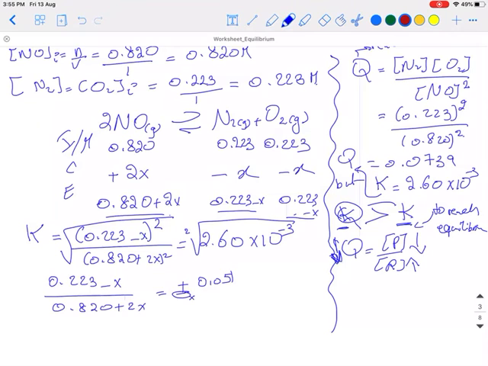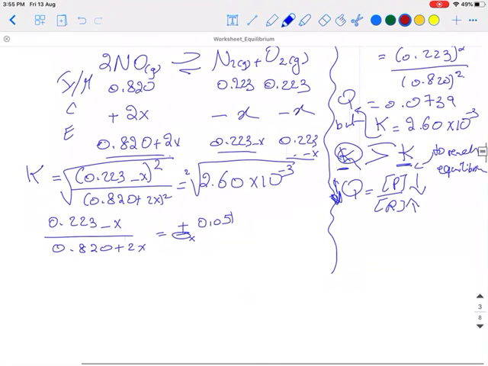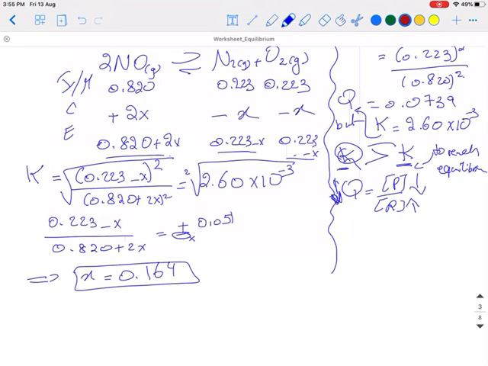But the minus will be neglected because you can check it, it will not give the correct values. So solving for x, it will be 0.164. Once I solve for x, I can find the equilibrium concentrations as required.